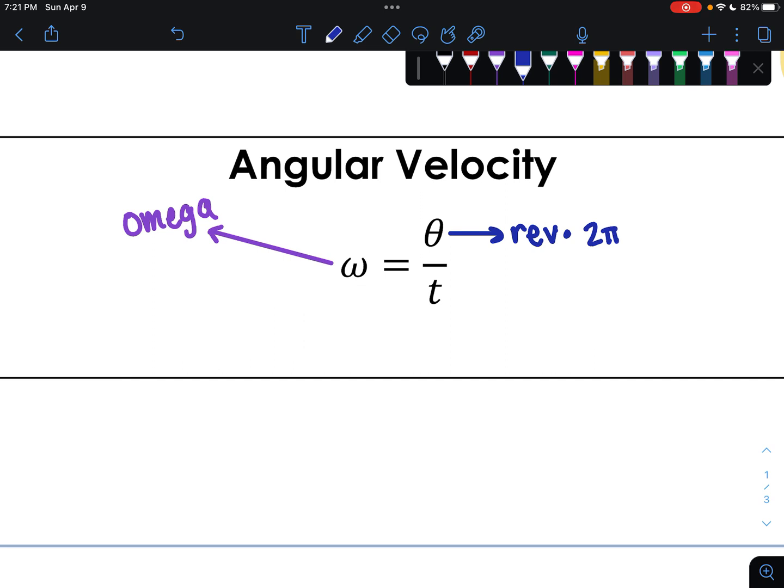Revolutions times 2 pi, and then as expected, t is our time. For angular velocity, it will always be radians over time, always. Radians over seconds, radians over minutes, radians over hours, always radians over time.